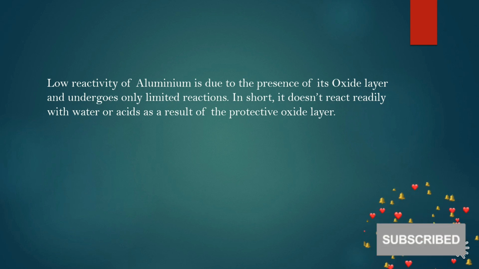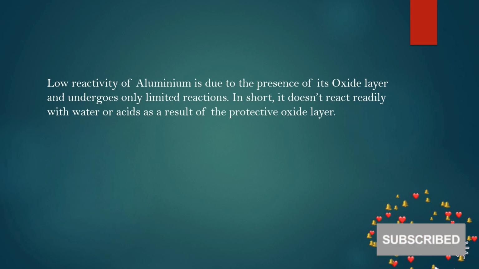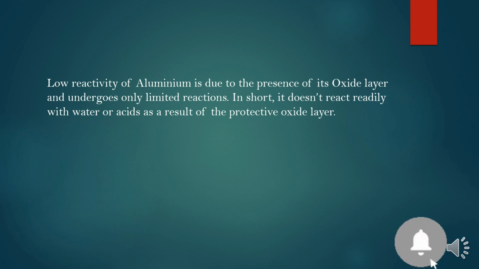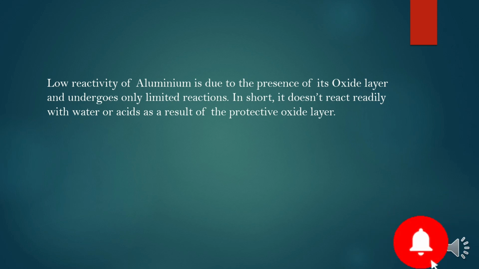Basically, this oxide layer makes aluminium not react readily with water and acid. So aluminium has a protective layer which limits its reactivity, hence it is said to be less reactive.